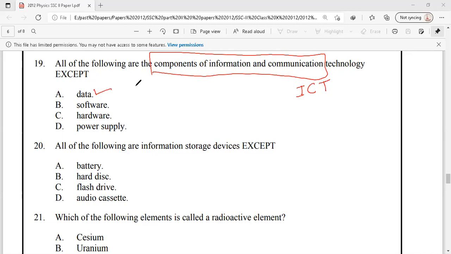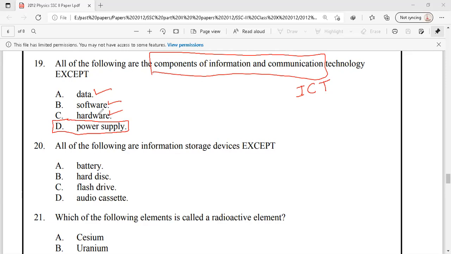Data is a part of ICT, software is a part of ICT, and hardware is a part of ICT. Power supply is not a part of information and communication technology. It is a part of an electric circuit. So the correct option is option B, Option D.